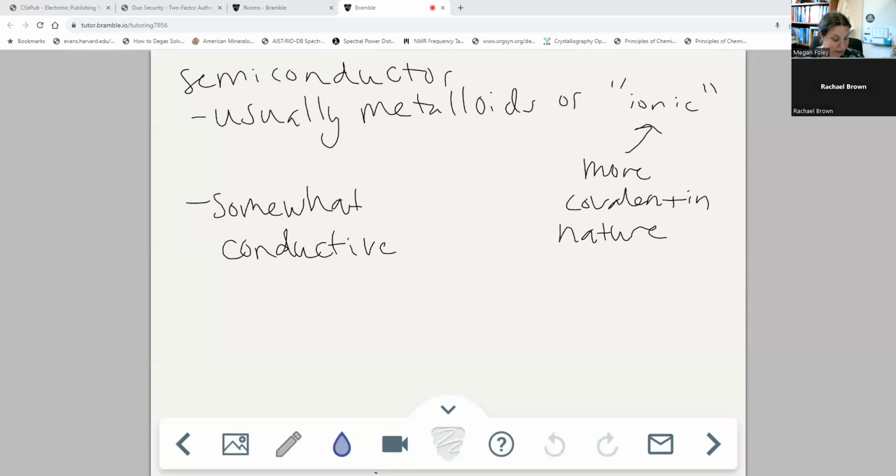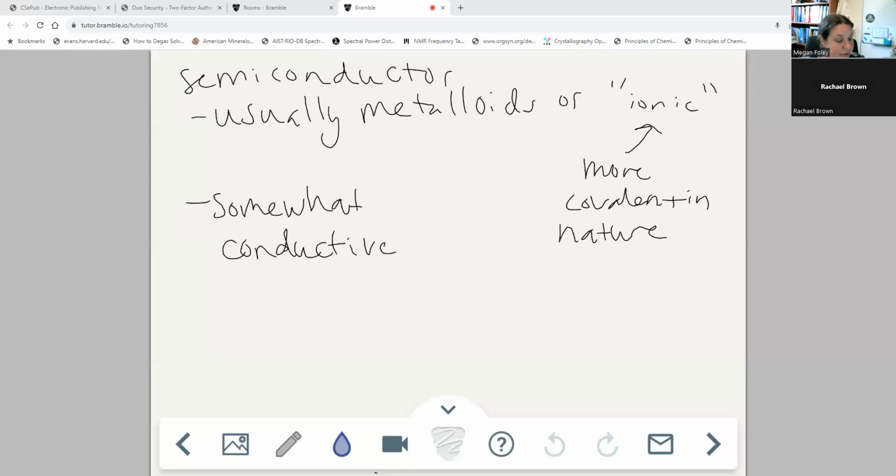Some require a little bit more. But like silicon, solar cells are just made of silicon. Silicon is a metalloid. That is a semiconductor. Cadmium selenide, which is cadmium and selenium together, is another semiconductor. That's more of that ionic type.